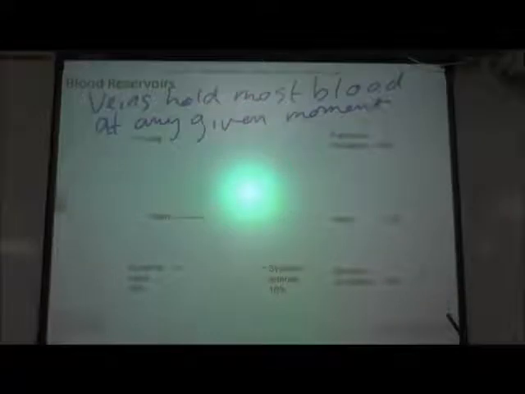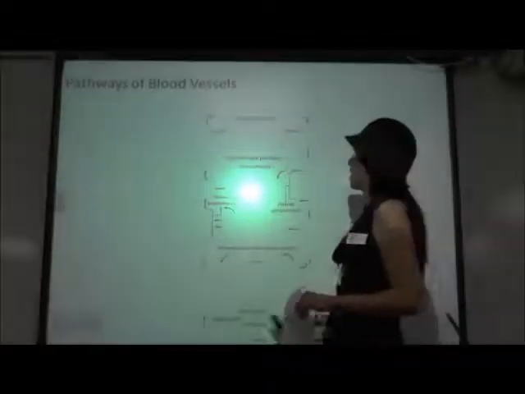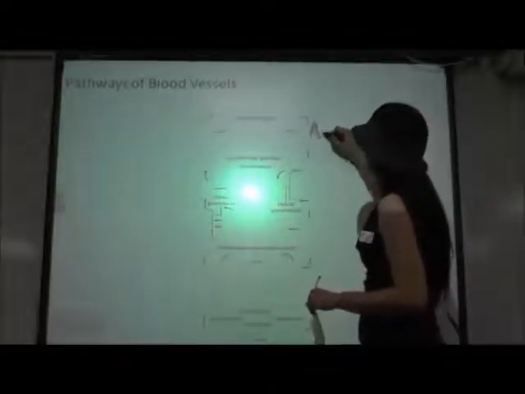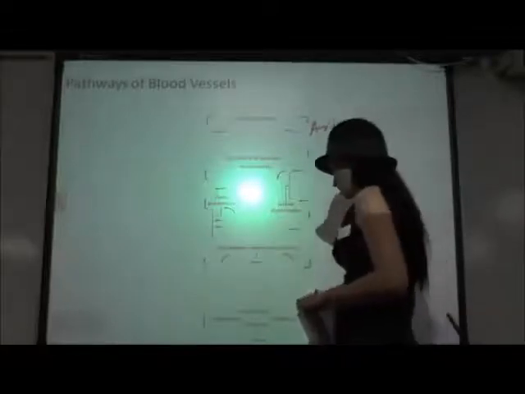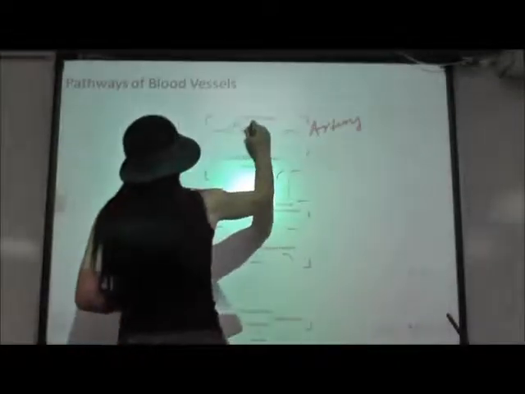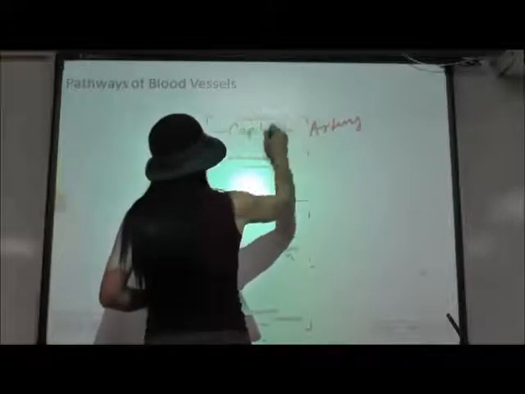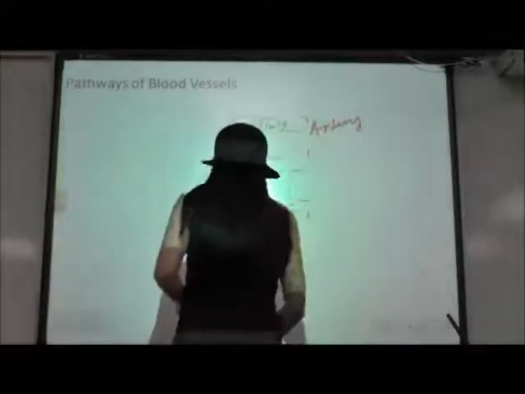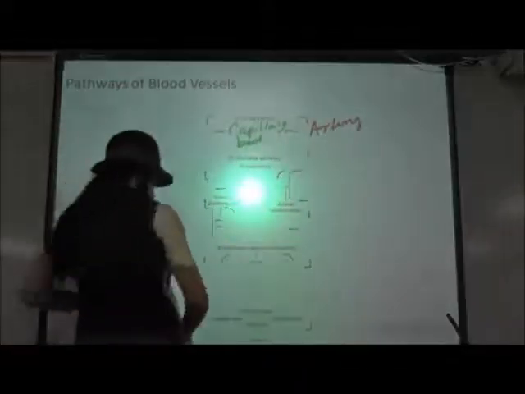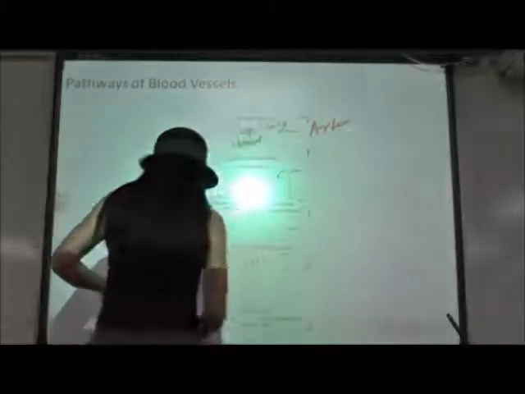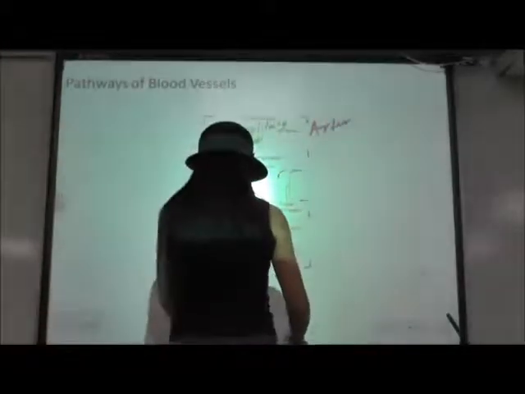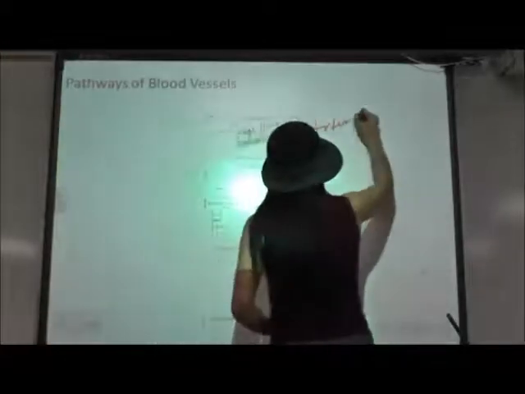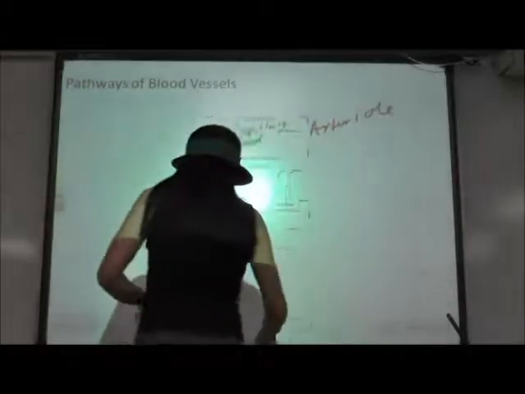All right, then let's talk about the pathways that blood vessels follow. A simple pathway is the most common circulatory pathway. What happens in a simple pathway is that we have an arteriole leading into a capillary bed.